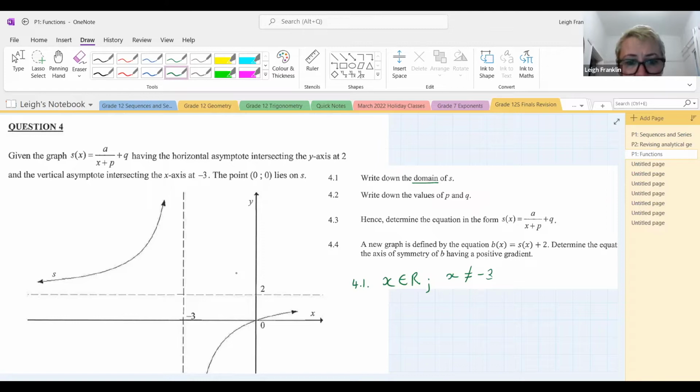Okay, the next thing that they want us to do is write down the values of P and Q. So the values of P and Q next. What would P be equal to?